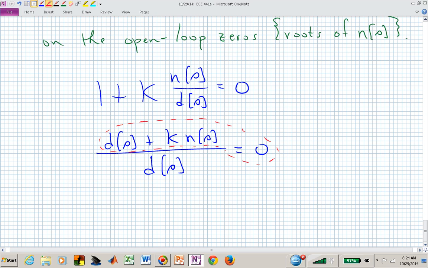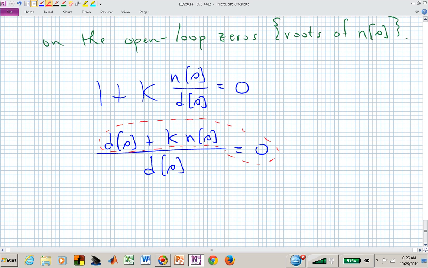Now, as k is small, how small are we making k? Where do we begin? 0. If k is equal to 0, what values of s cause that equation to be true? The roots of d of s. Those were our agreed on open loop poles. So we're starting our diagrams at the x's, at our open loop poles.